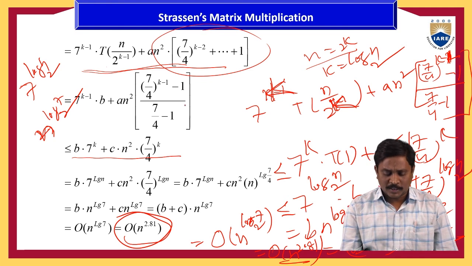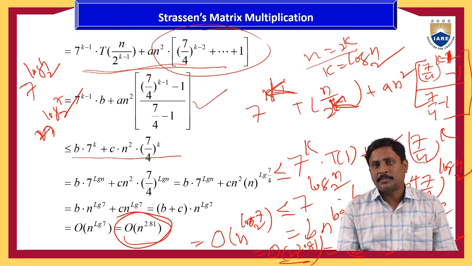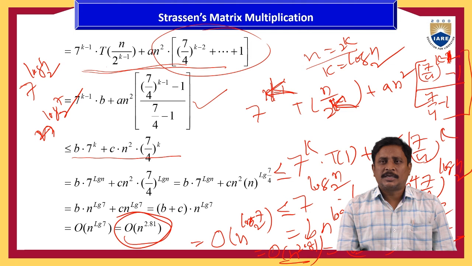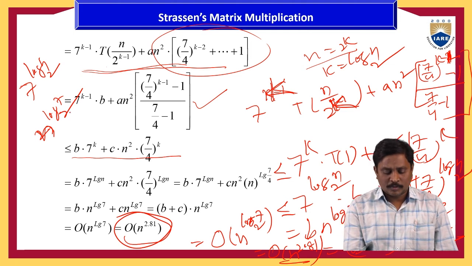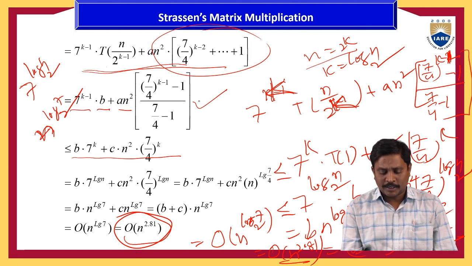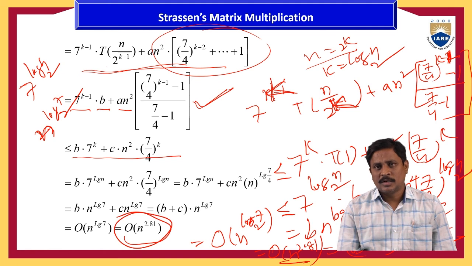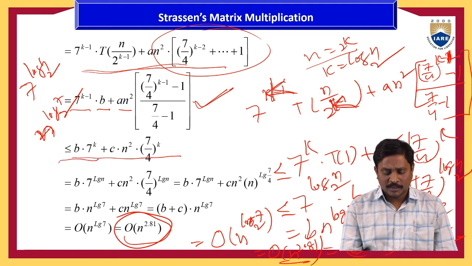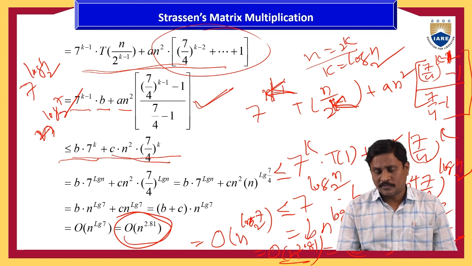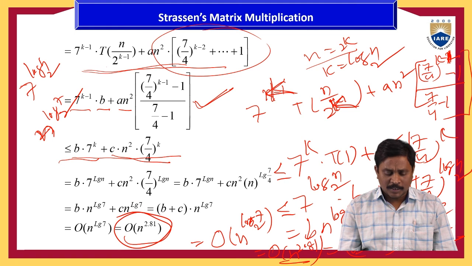Using that formula, we calculate the sum of the geometric progression. So 7 power k minus 1 into b, a n square into this value, which is approximately less than or equal to b into 7 power k plus c n square into 7 by 4 whole power k.